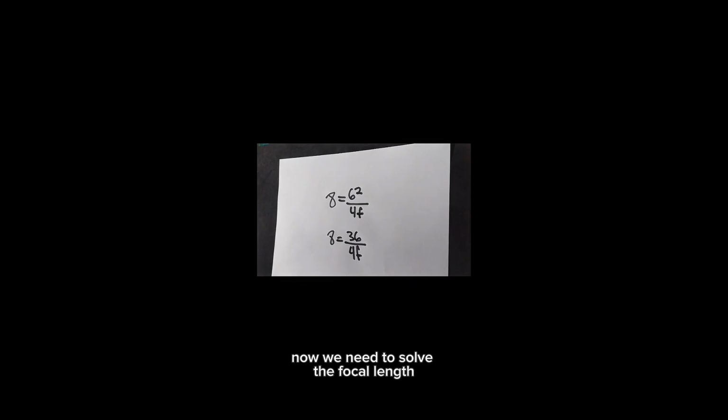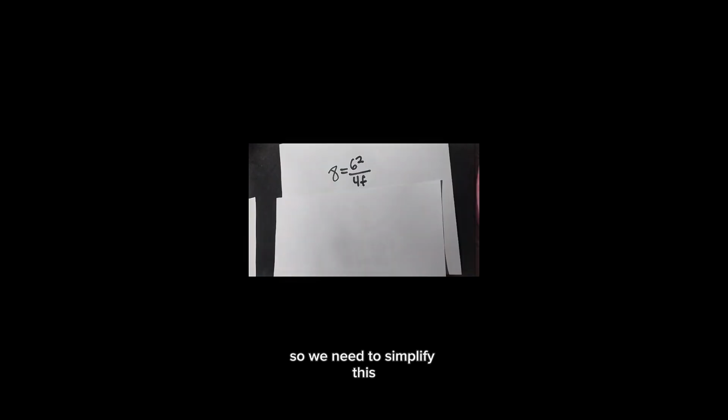Now we need to solve for the focal length. So we need to multiply both sides by 4f. 6 times 6 is 36, so the equation will be 8 equals 36 over 4f.